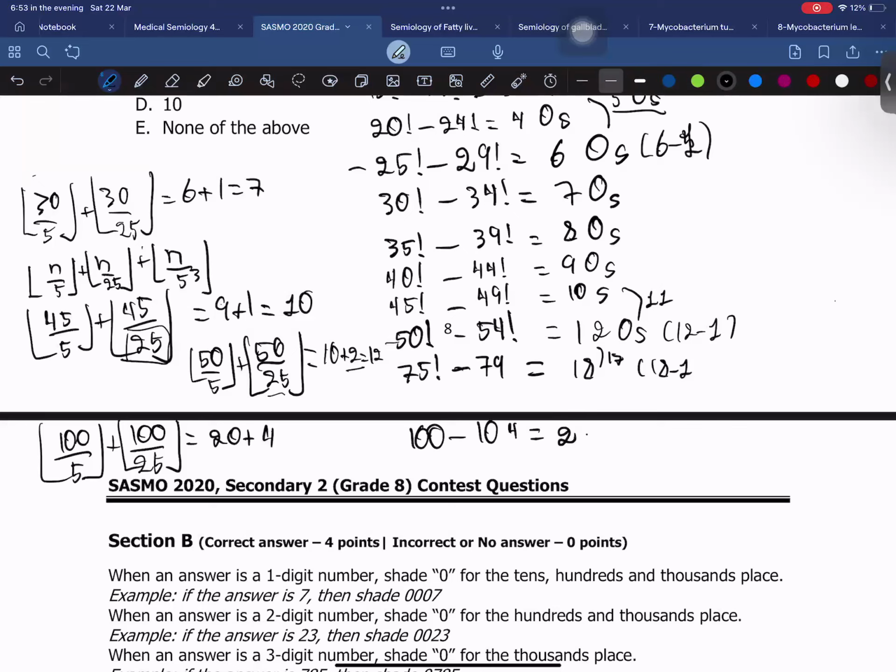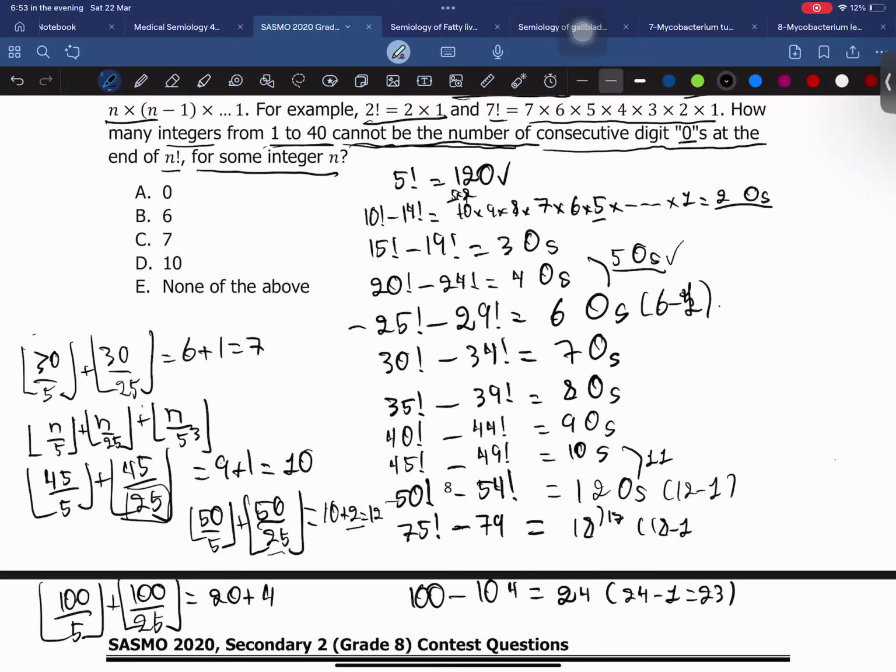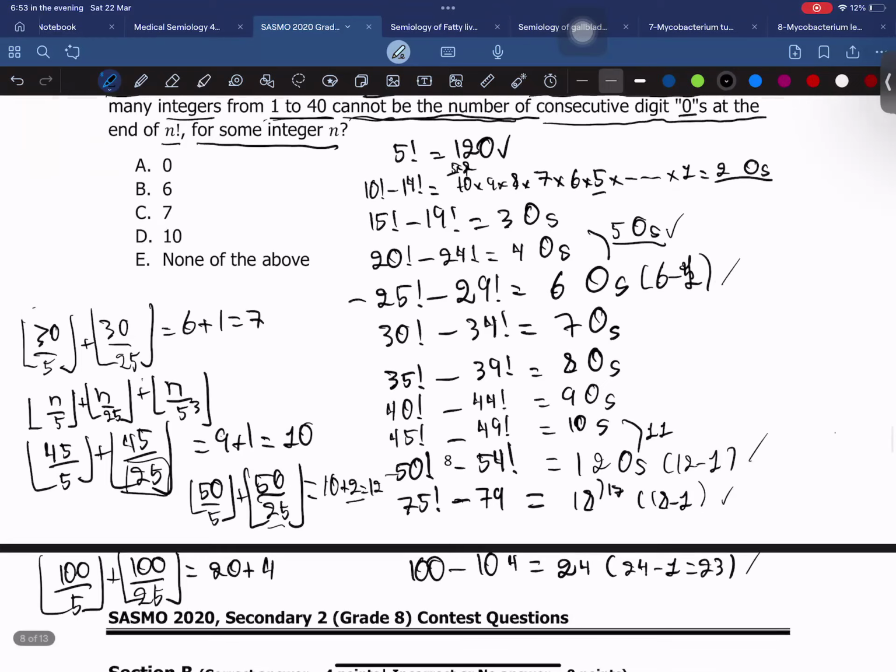In here we have 24, so 24 minus 1 means 23. So 23 is the number that we lost, so it's one of our answers again. So this is one of our answers in here, in here, in here, and in here.